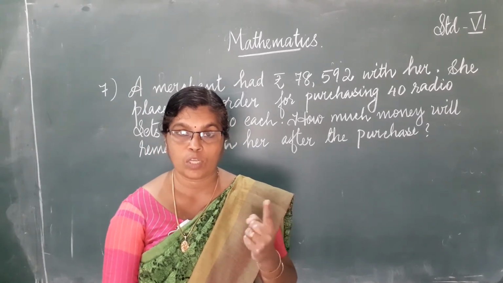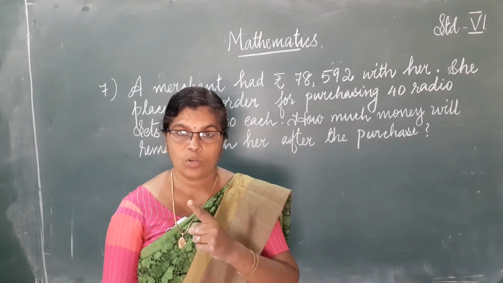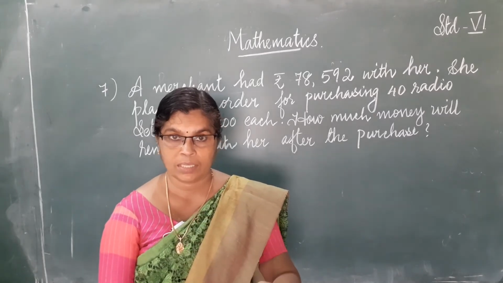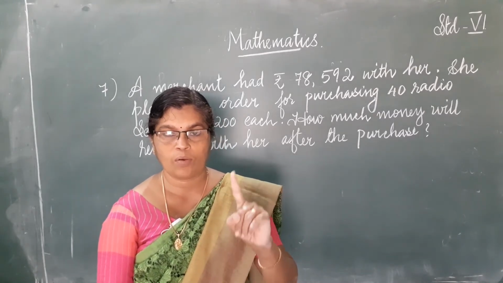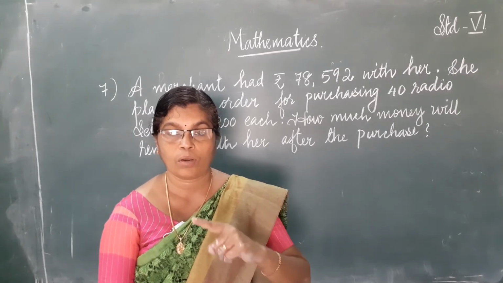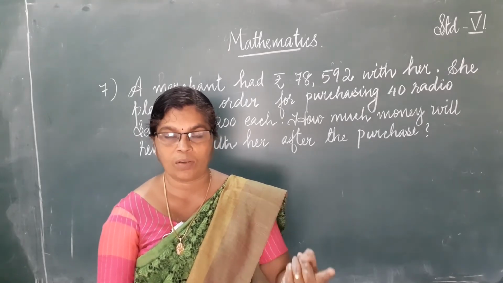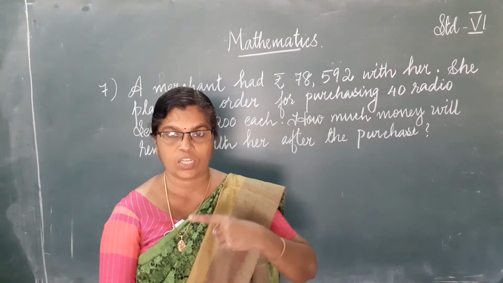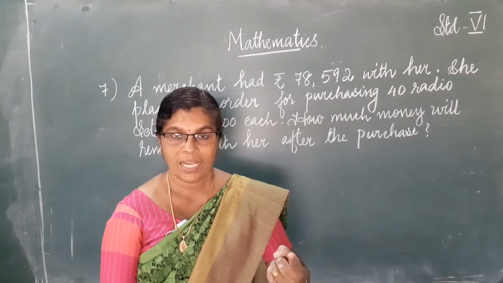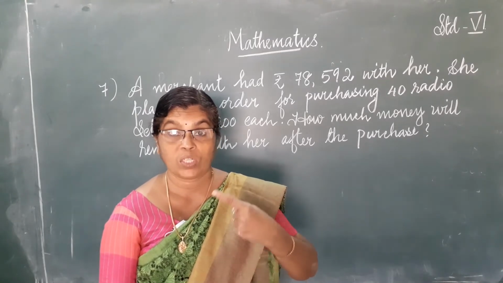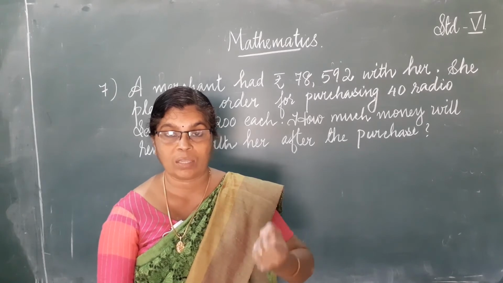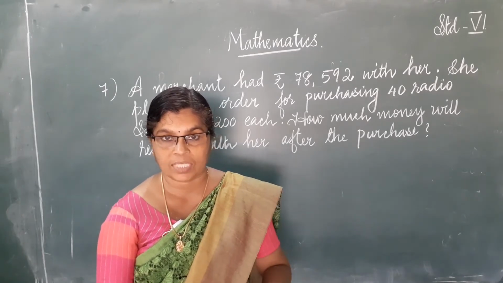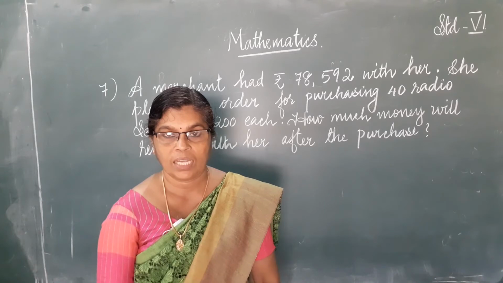That means 1,200 rupees she has to give 40 times. For one radio set she has to give 1,200, again for the second one, 1,200, third one also 1,200. Like that she has to give 1,200 rupees 40 times. Then only she will get 40 radio sets.